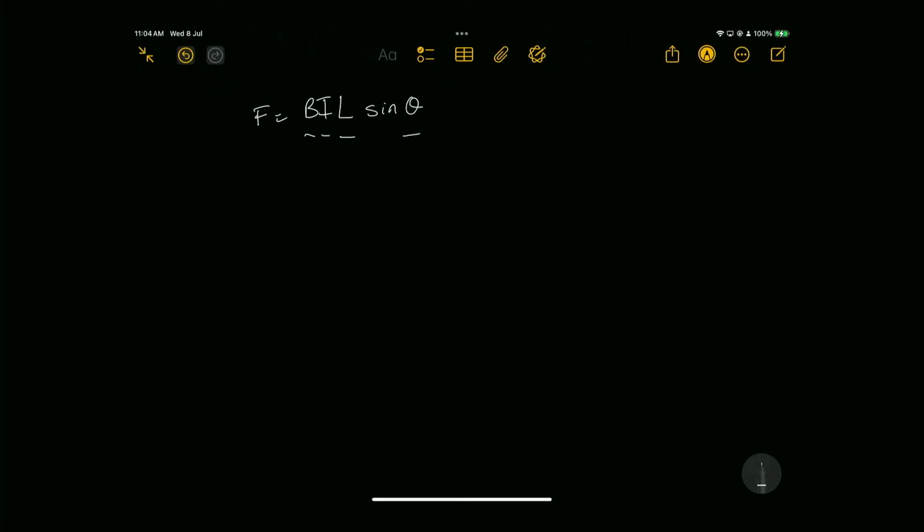So what is the magnetic force experienced by a charged particle moving in the magnetic field? F equals BQV sine theta. Right, F is equal to BQV sine theta.